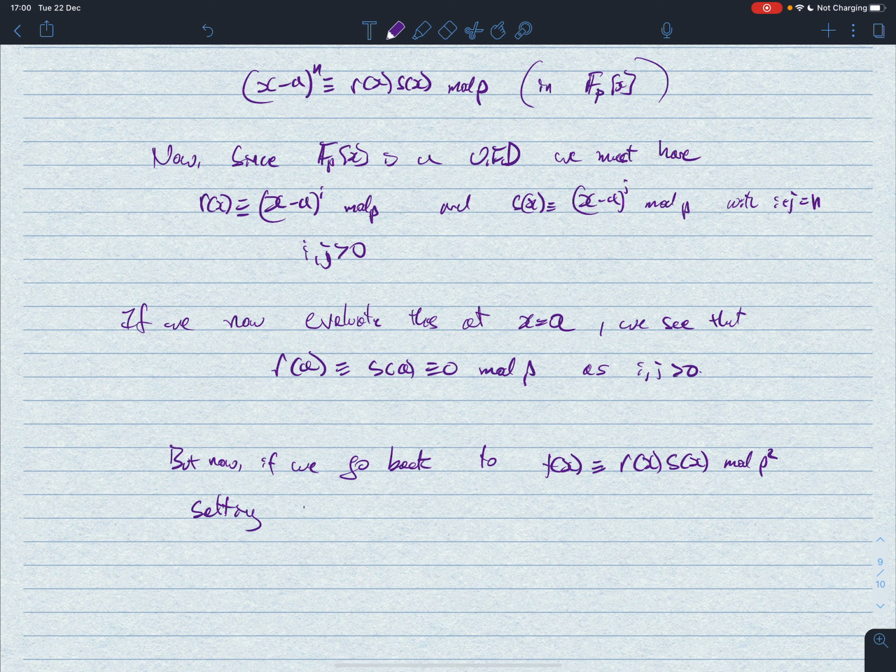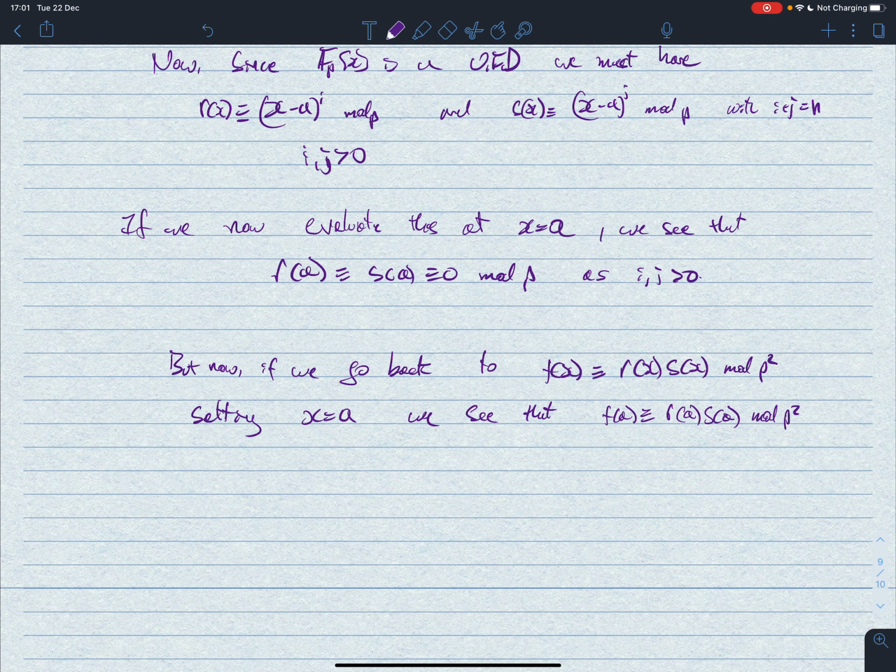Setting x equals a, we see that f of a is congruent to R of a, S of a modulo p squared.